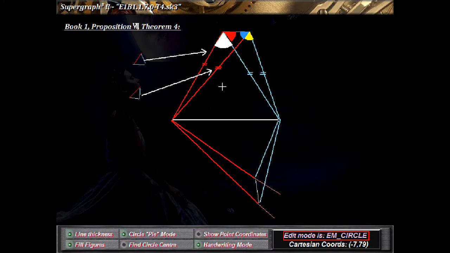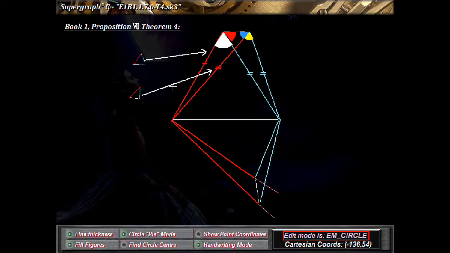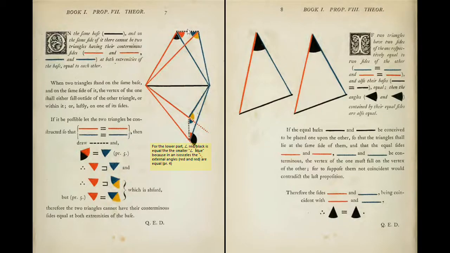Now the theorem states that this is impossible. We cannot form two triangles having such properties. And so assuming that, draw the dotted line. I've drawn it to connect these two vertices. It doesn't have to be horizontal, it just looks horizontal.